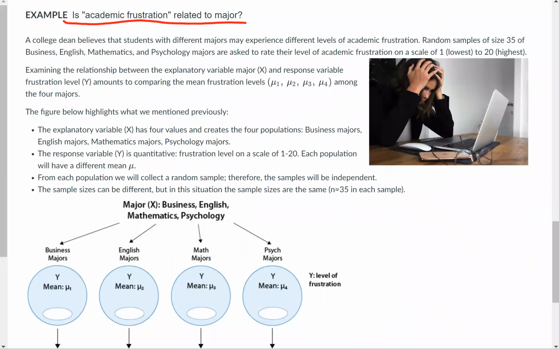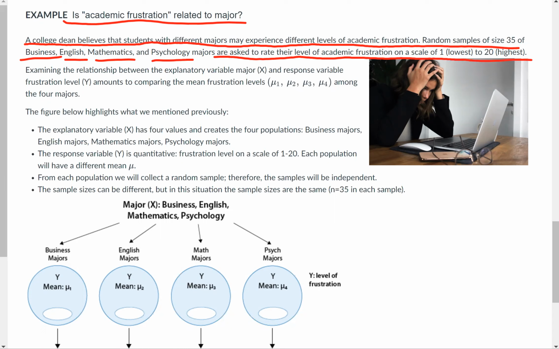Is academic frustration related to major? I would say yes, but that's just me. A college dean believes that students with different majors may experience different levels of academic frustration. Random samples of size 35 of business, English, mathematics, and psychology majors are asked to rate their level of academic frustration on a scale of 1, the lowest level of frustration, to 20, the highest level.